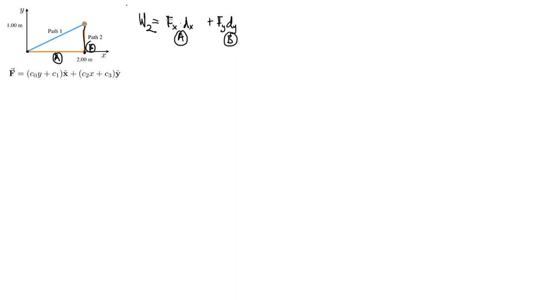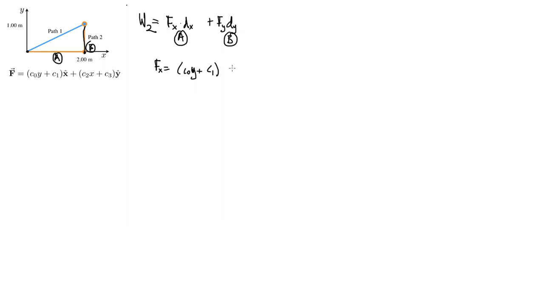Well, what's the force in the x direction along the x-axis? The force in the x direction is equal to C0 times y plus C1. It's just a number. I don't know what your numbers are, but mine are just these letters.